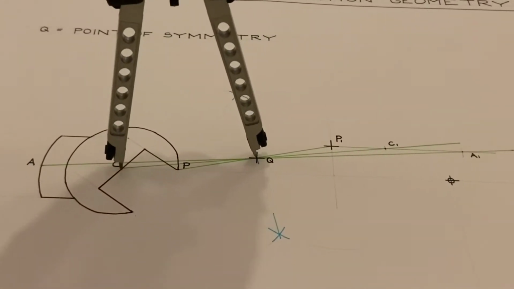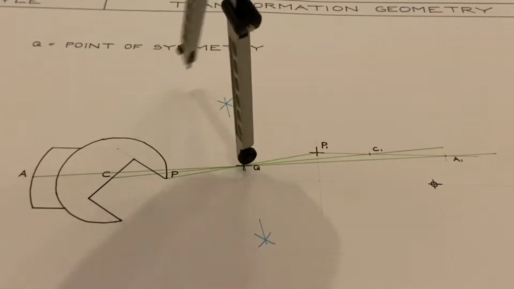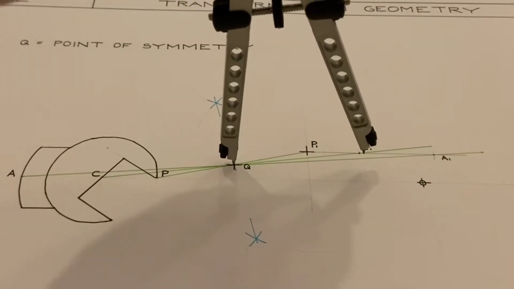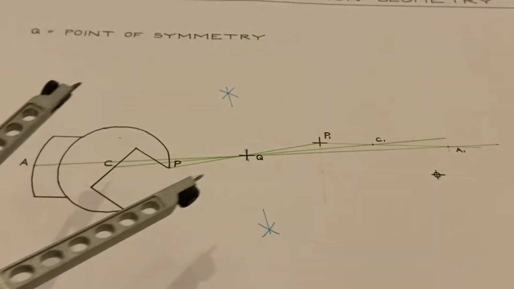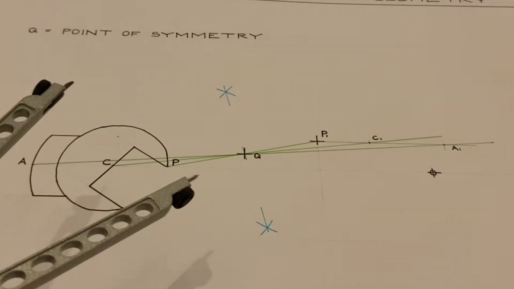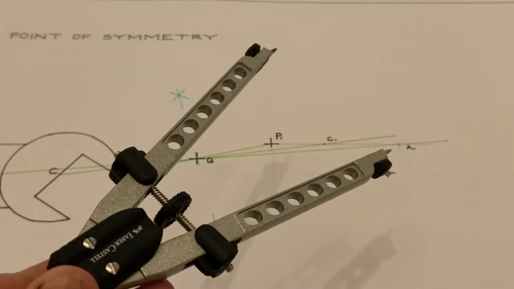Then swing back the compass, open up as far as A, and again swing the point A onto its own projection line. And as a way of making sure that you're accurate, down here A, C and P are all on one line. So up here P1, C1 and A1 should be.